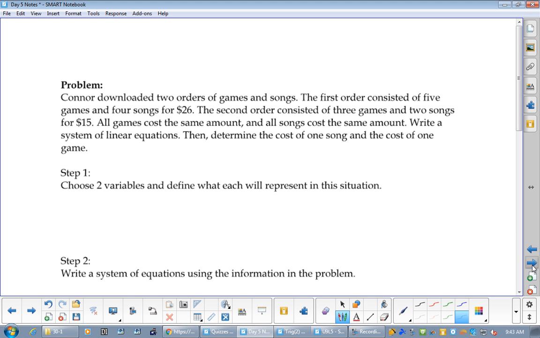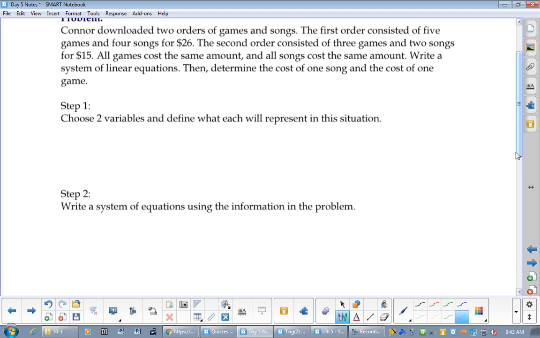So Connor downloaded 2 orders of games and songs. The first order consisted of 5 games and 4 songs for $26. The second order consisted of 3 games and 2 songs for $15. Okay, so again, we have our games, let's call it G, and our S can just be our songs. That even helps you keep things straight.